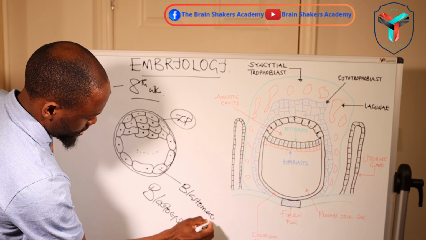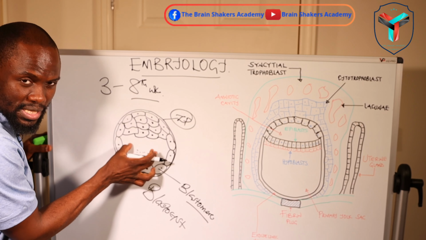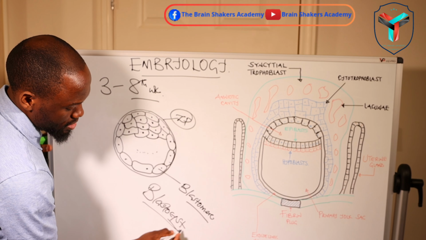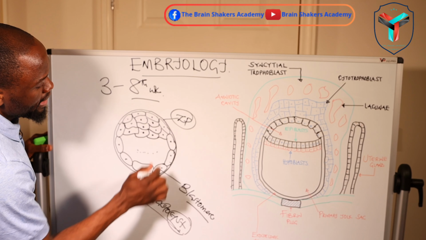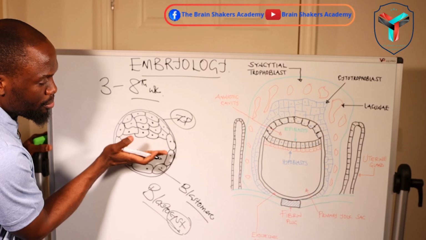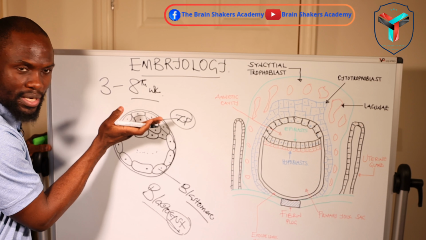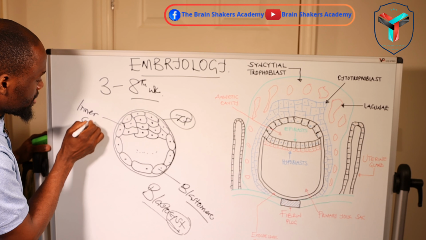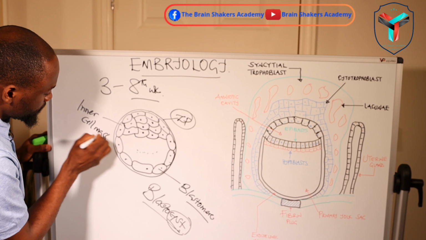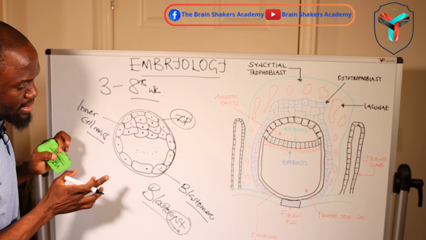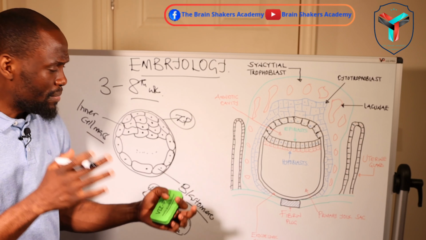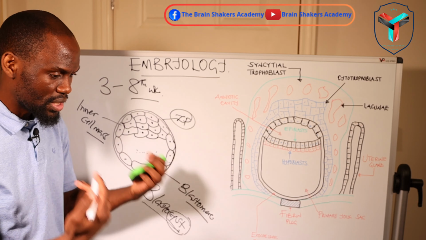Because there's the presence of a cavity and fluid in there, it is a blastocyst, and you have the zona pellucida there. Pushing the cells to one pole, or one end, you have what we refer to as the inner cell mass. Once this has happened, this blastocyst continues to increase in size, meaning that the fluid in there continues to increase.